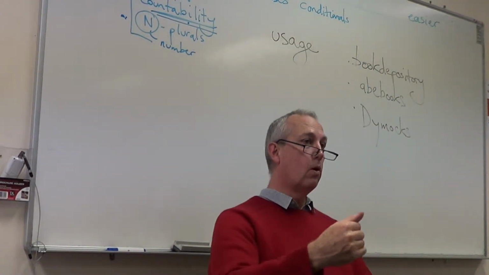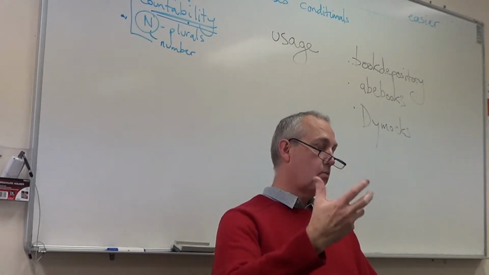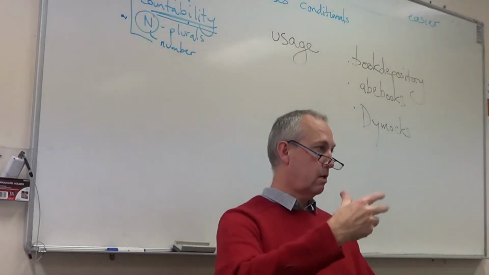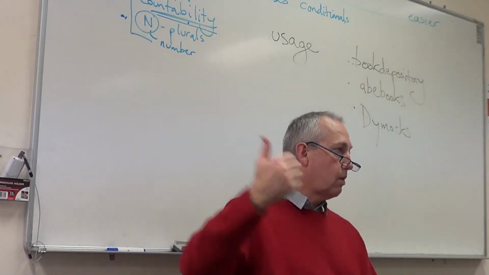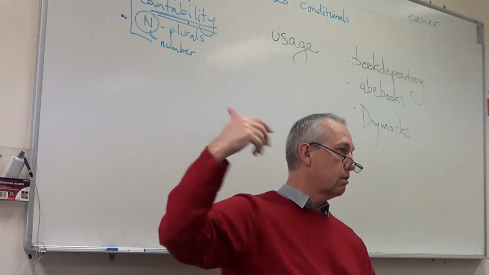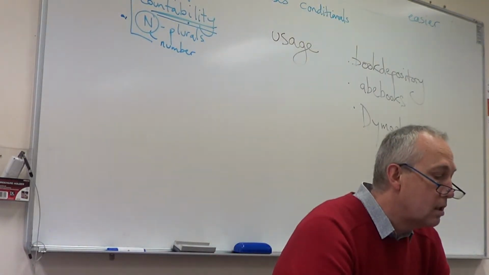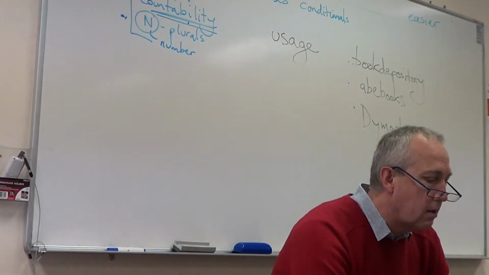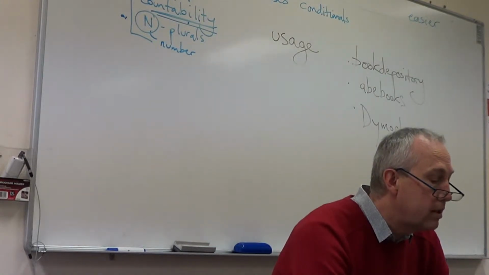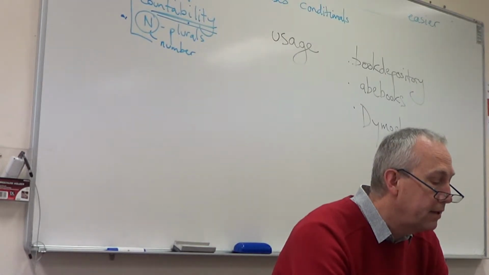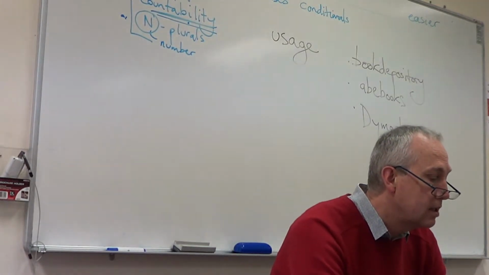Even at level 4, I find one of the most common errors is still this territory, getting the uncountables right. This is why we're doing it early, because it's difficult. Now, here is a list of many of these, not all of them, that are often problematic. Advice, baggage, bread, cement, cheese, electricity, fun, furniture, happiness.